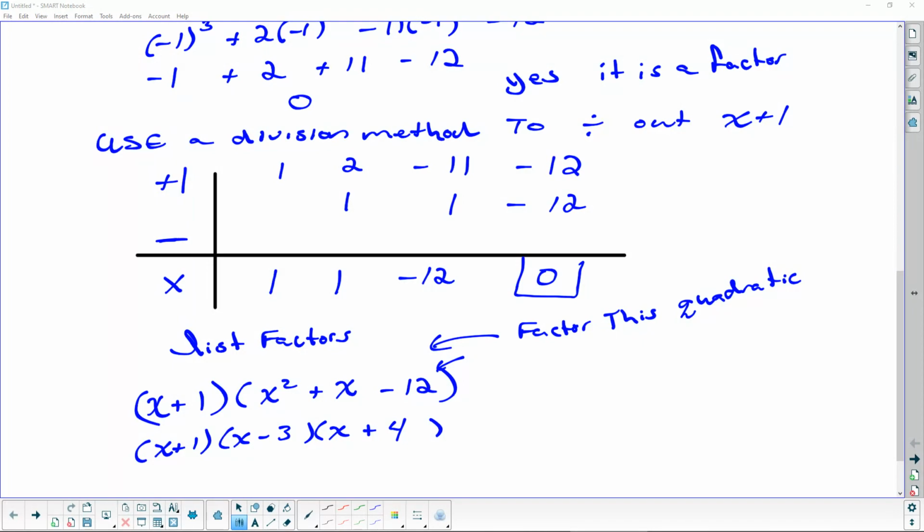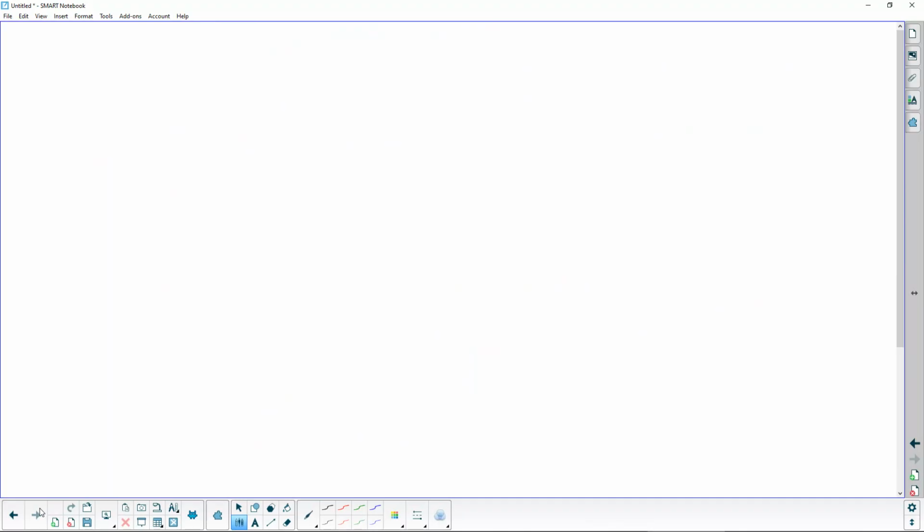Okay, let's do one with powers of 4 to open it up. And then I'll have you do some simple, easy practice ones. So I've got another one here that I've made up. Let's factor x to the 4th, minus 4x cubed, minus 9x squared.